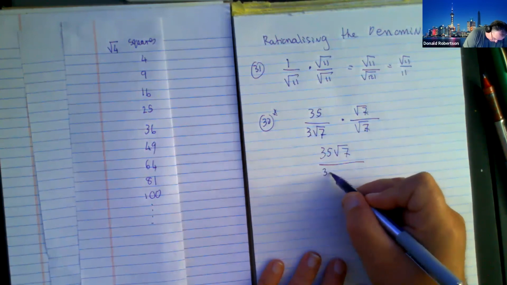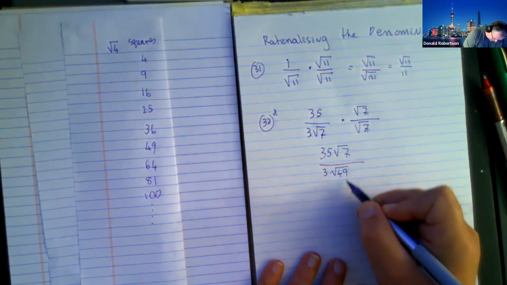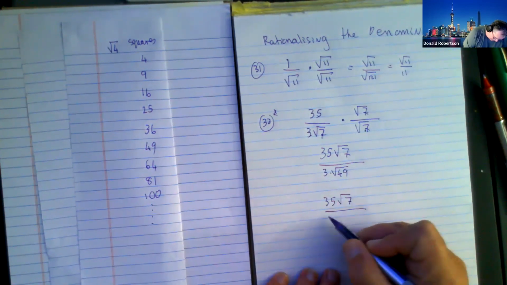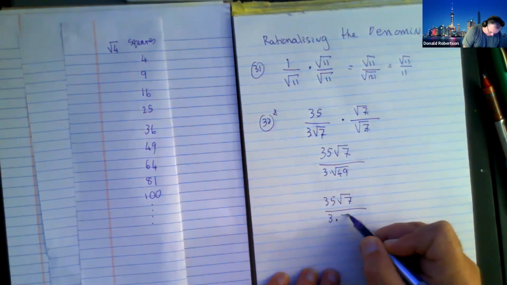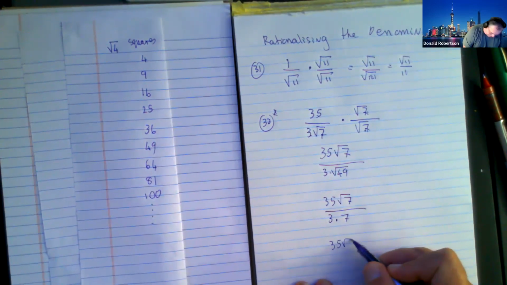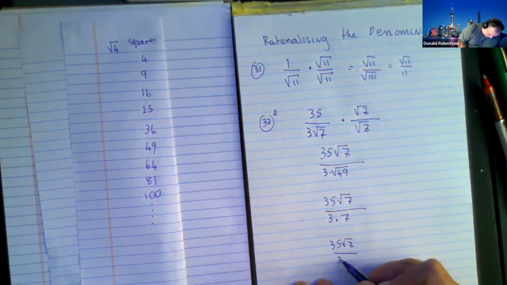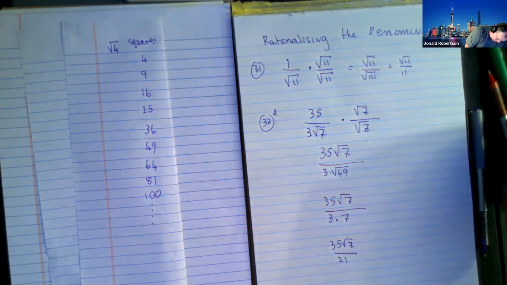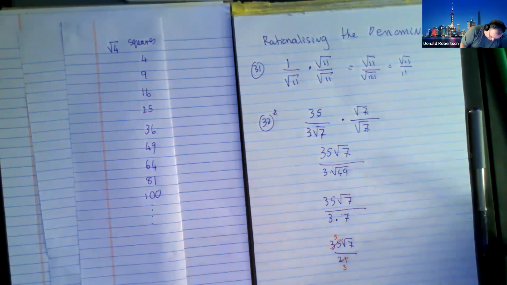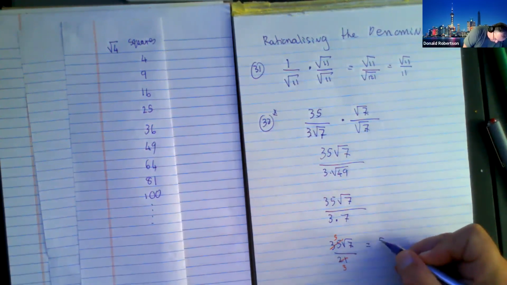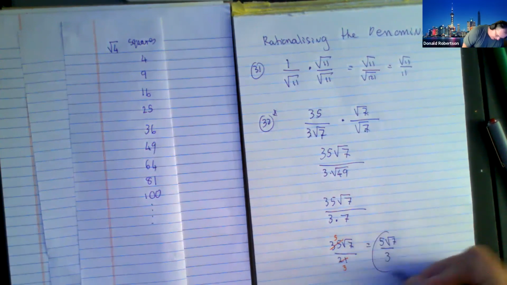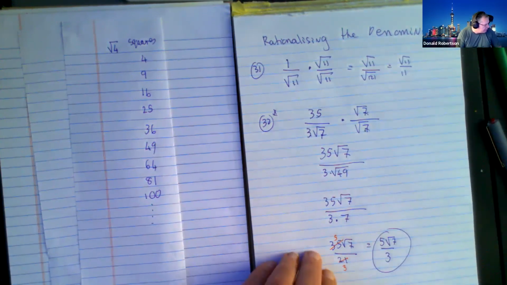So you get 3 times 7. This is just one way of doing it, you get that guy. And then you say, wait a minute, I can divide that by 7 and that by 7. And now you've got an even nicer version of the answer. There, that's you finished.